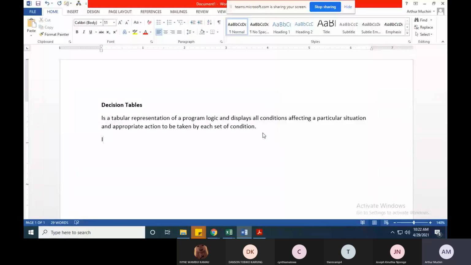We can say that it is a diagrammatic method of logic modeling, where the analysts use logic modeling techniques that are graphical based rather than text-based.